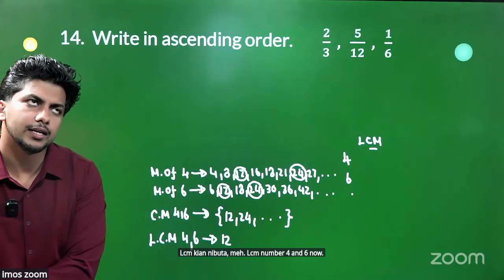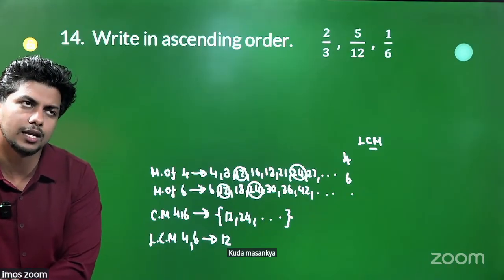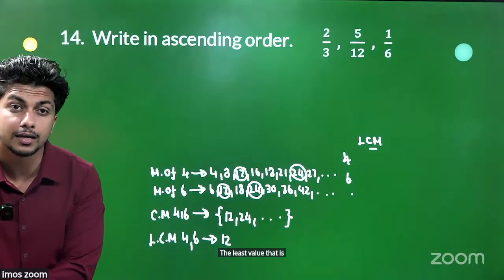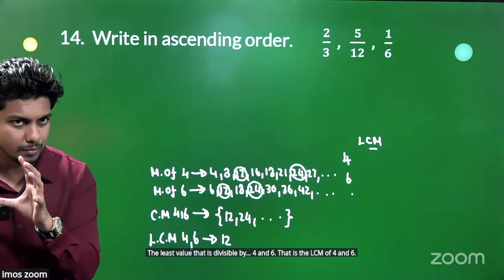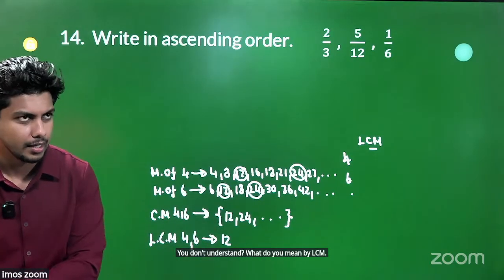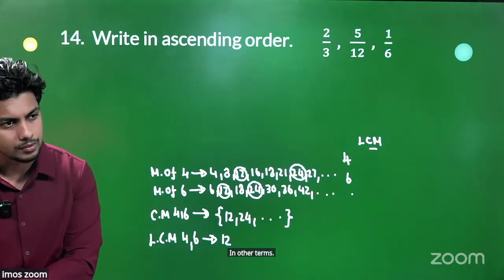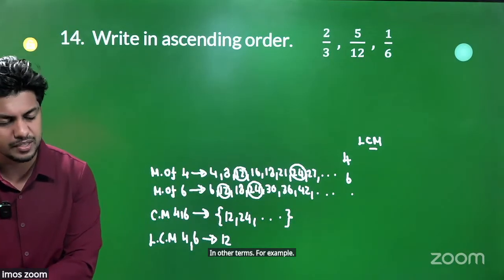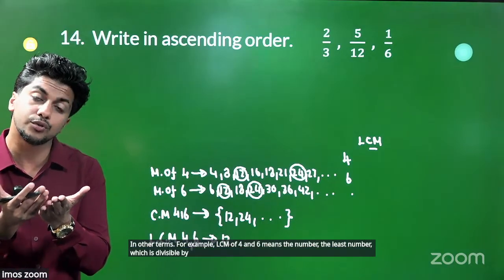The least value among them is 12. LCM of 4 and 6 means the least number which is divisible by 4 and 6 without remainders.